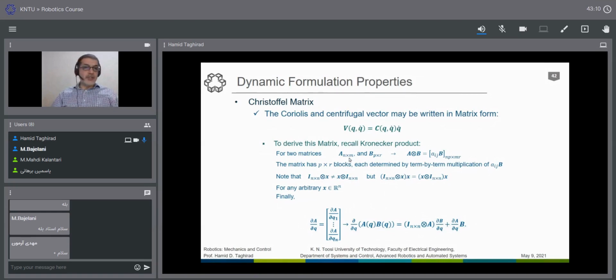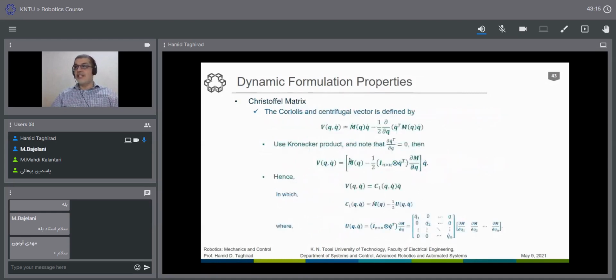Now, assuming that you follow me with these two and just accept my claim about these two properties, we can see that the V matrix was the most sophisticated part of the dynamic equation. It has the M dot value and also a partial value of a quadratic form here. And now we can rewrite the M dot, we can extract Q dot here.